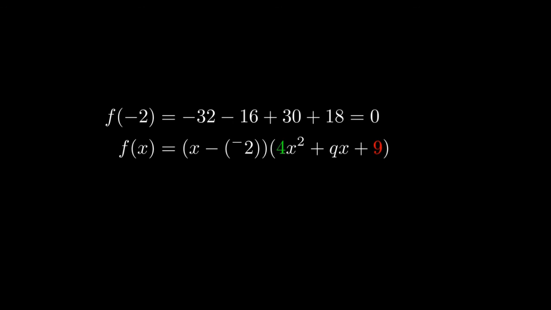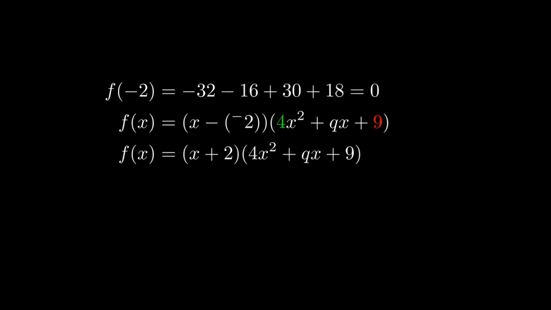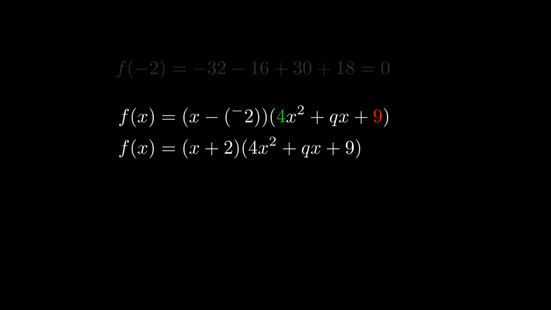So we know that the coefficient in front of the x squared, this is the quadratic now, is 4. And then we also know that the constant in the quadratic must be 9. We make that a positive. And so there we have, we're almost there.